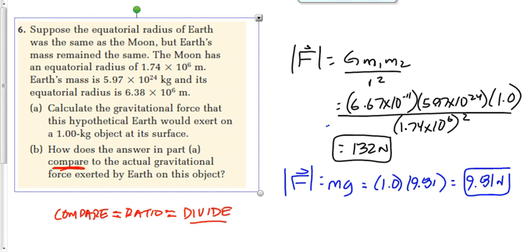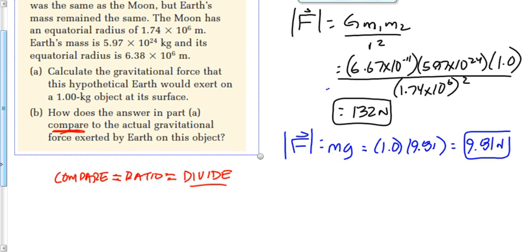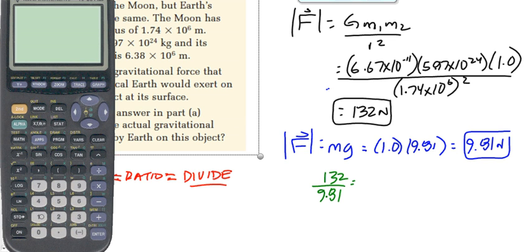Now, we want to compare these two, or find the ratio of these two. And what we're going to do is say 132 divided by 9.81 gives me, what does that give me? Somewhere around 13 or 14? I should turn that on first. 132 divided by 9.81 gives me 13.5.